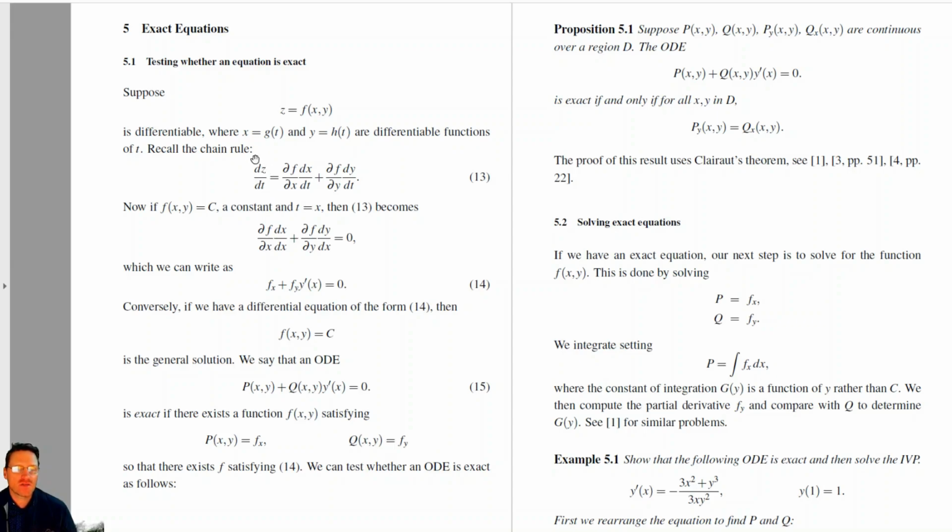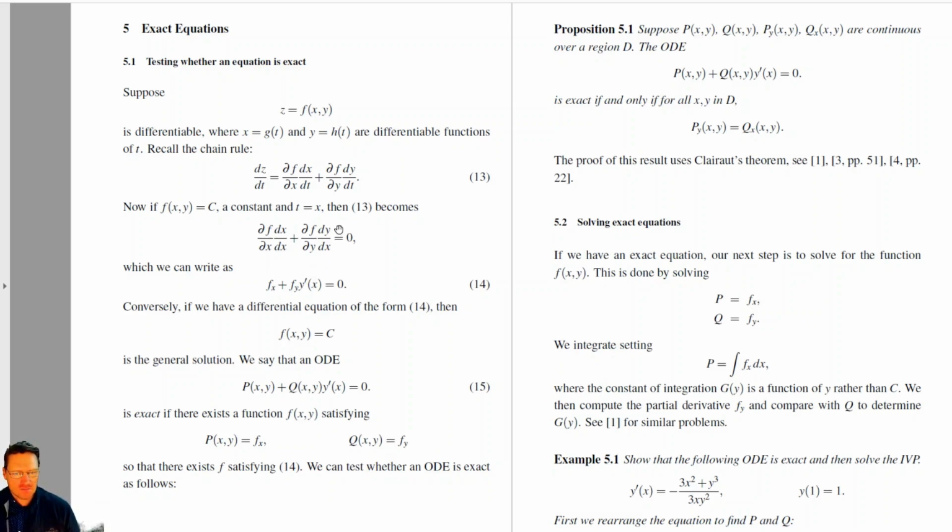Now, what we have on the left is just 0, because if z equals f of xy, which is a constant, then the derivative of z with respect to x would just be 0. What's on the right simplifies considerably also, because dx on dt is just dx on dx, which is 1.